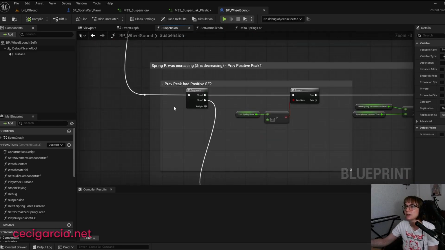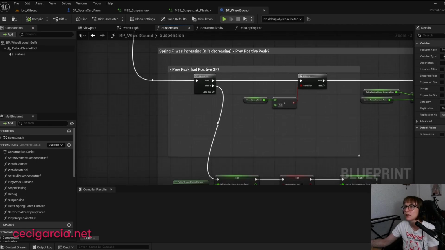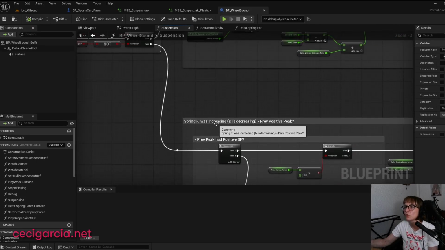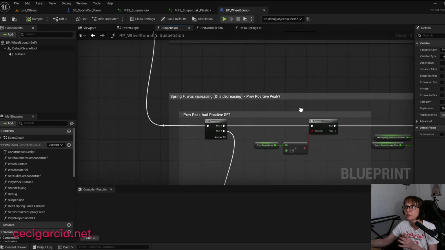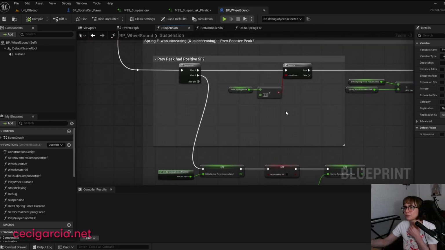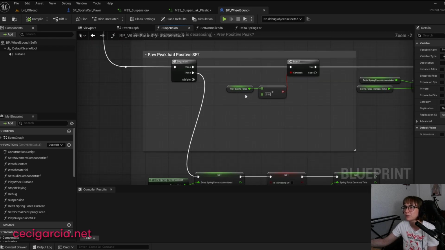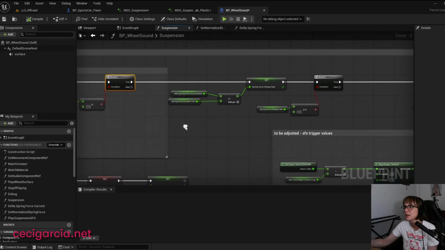And here it's when it was increasing, but now it's decreasing. So it's a possible positive peak if the previous spring force had a positive value. It is, so it will play a sound.